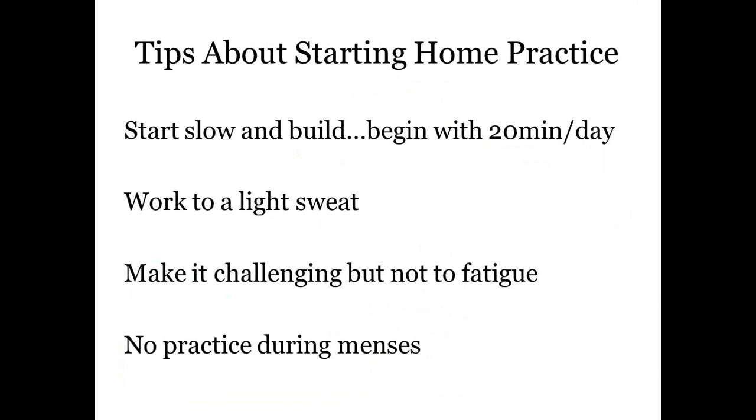Work to a light sweat, a little bit of sweat on the upper lip or along the spine in the back, or maybe in the axilla or armpit. But the idea is to work to some degree of sweating, a mild amount of sweat, not heavy.